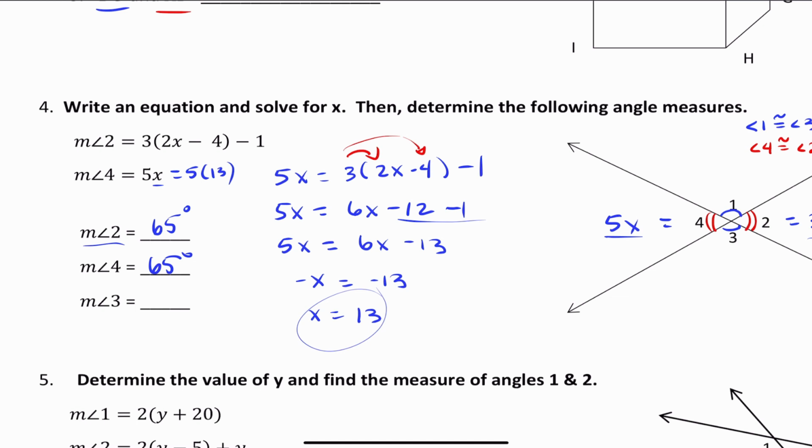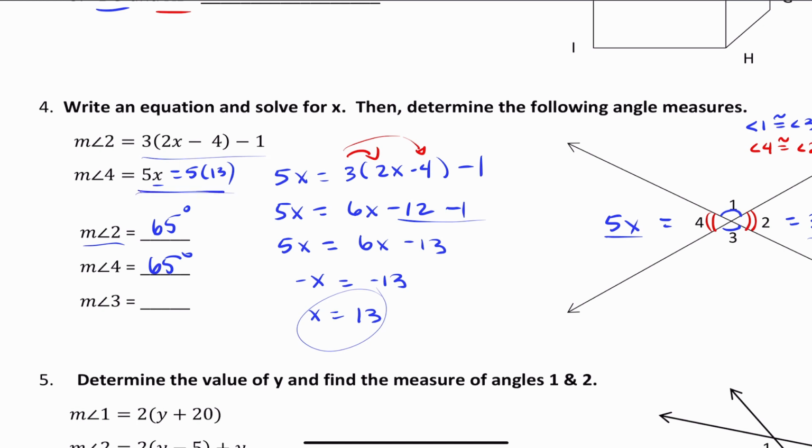And see that? That's because you know your theorems. You know what vertical angles are, and the vertical angles across from each other are congruent if you have a figure that looks like an X. So why do I need to plug it in here when you know this?